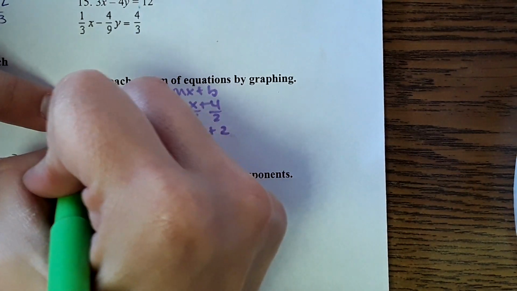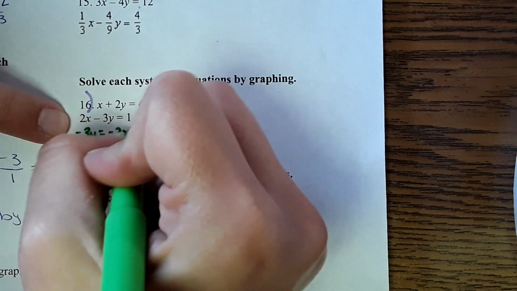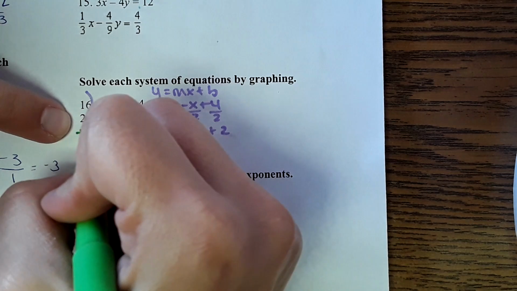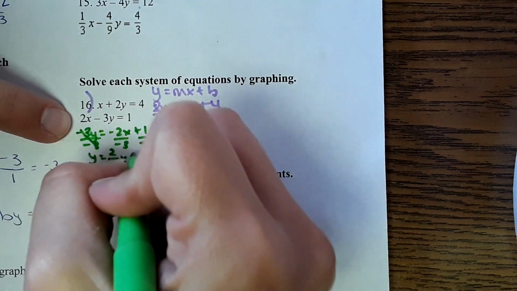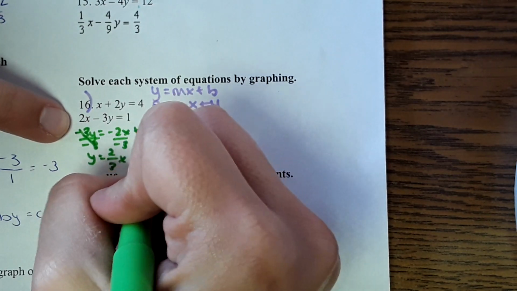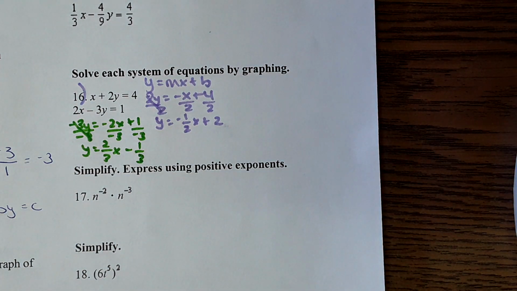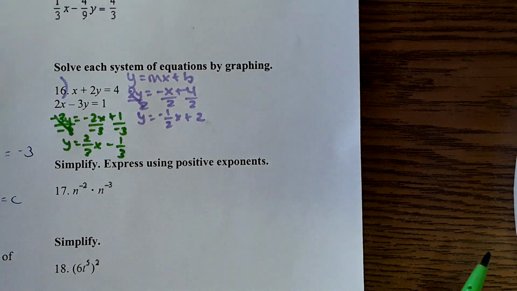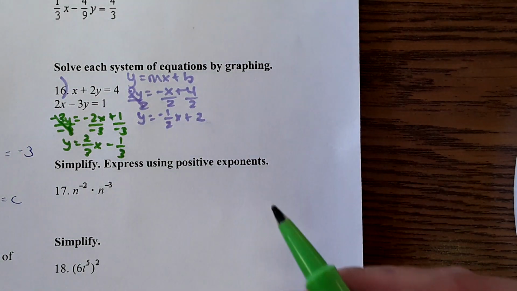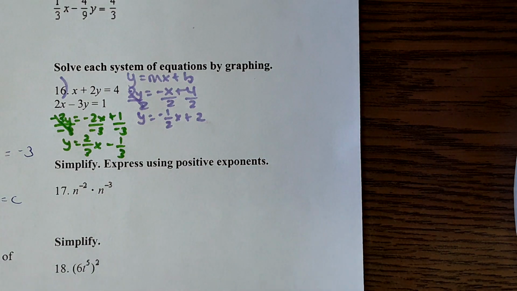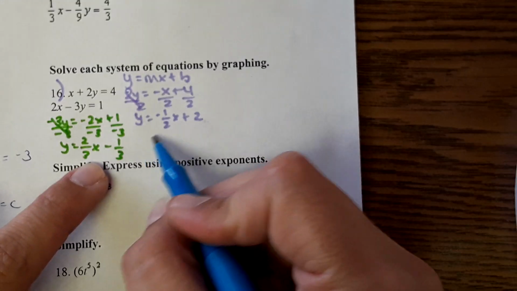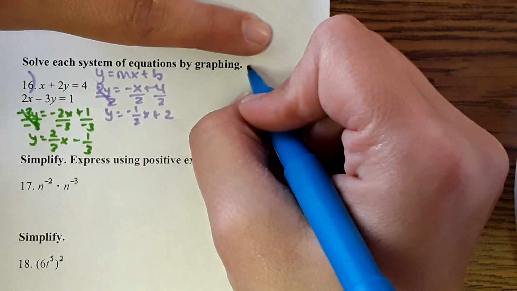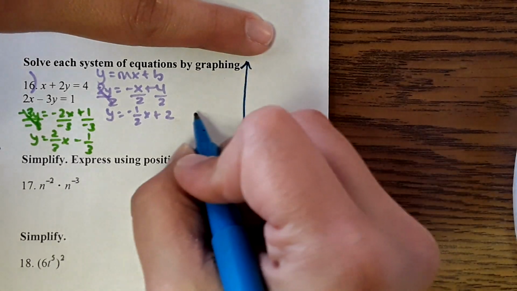For this one, same thing. So there's our 2 lines that we're going to graph and see where they intersect. And then wherever they intersect, that is the solution. So let's see. Making my coordinate plane.